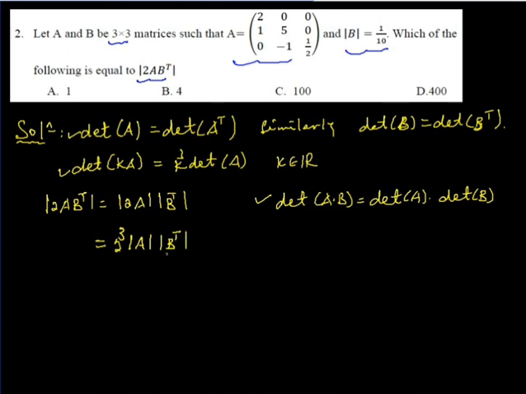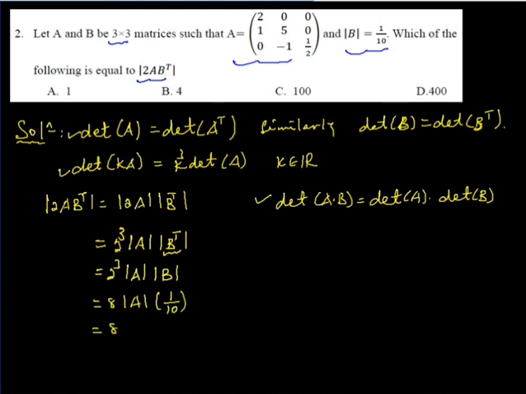But the determinant of B transpose and the determinant of B are the same. So the result becomes 2 to the power of 3 times the determinant of A times the determinant of B. So this is 8 times the determinant of A times the determinant of B, which is given as 1 over 10.